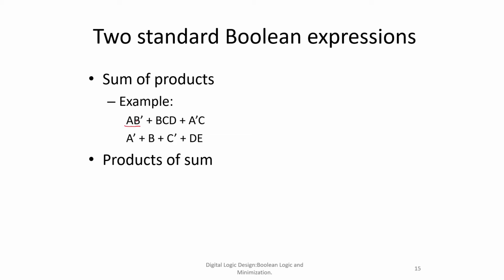Here one more notion which we need to clear: the AND operation is also called product, and whenever we are doing an OR operation, that is also called sum. That's the algebraic notion which we studied yesterday.